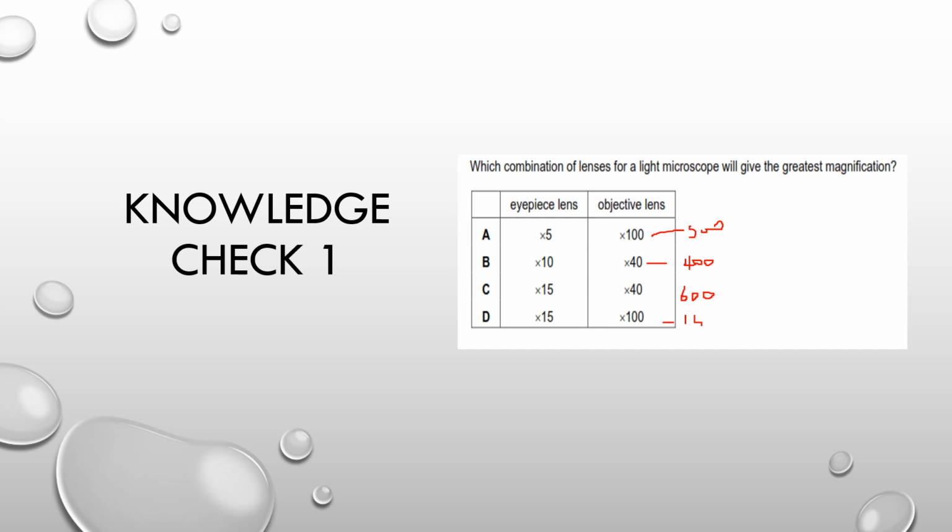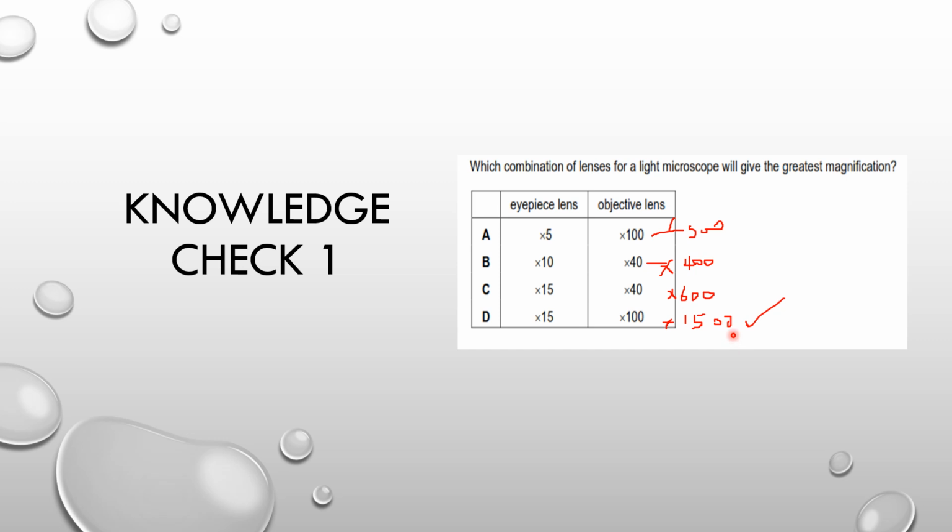So which one will give us the greatest magnification, guys? This is times 1500, times 600, times 400. Of course, the 1500 will give us the greatest magnification.